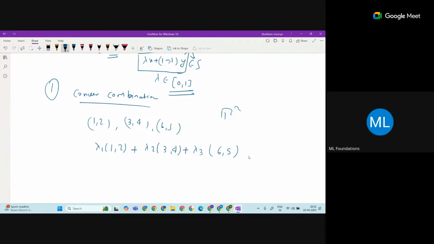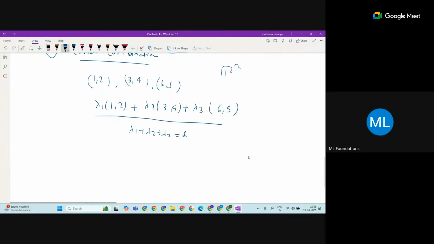So what is a convex combination? If I am taking this kind of combination where the lambdas have a condition, they add up to 1, and lambda 1, lambda 2, lambda 3 should all be from 0 to 1.